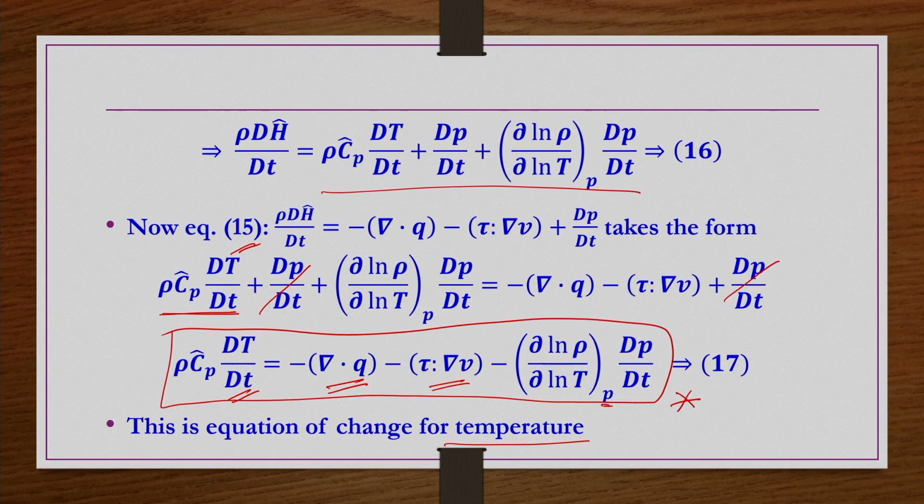So, these are different forms simplified one after another, reducing the complexity, and we finally come to one form of equation where the terms are measurable. If at all you want to do validation with experiments, it should be in measurable terms. Temperature, density, velocity, all these things are measurable. So, that is the advantage of this form of equation of change for energy, okay, for non-isothermal systems.